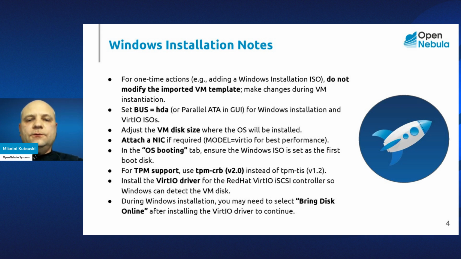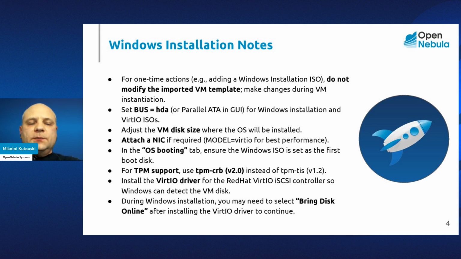For example, if you're going to add a Windows installation ISO, it's not necessary to apply these changes on a permanent basis, because maybe you would like to use this virtual machine template for installing several Windows flavors. So every time it's not necessary to make these changes, I mean, uploading different images.